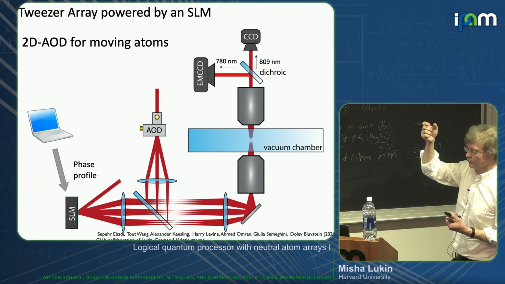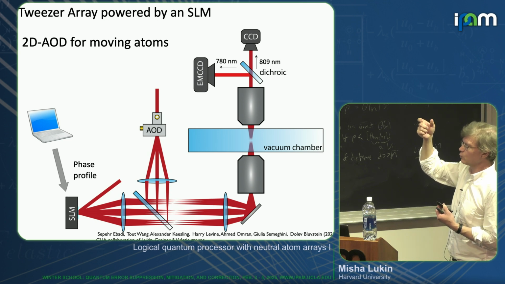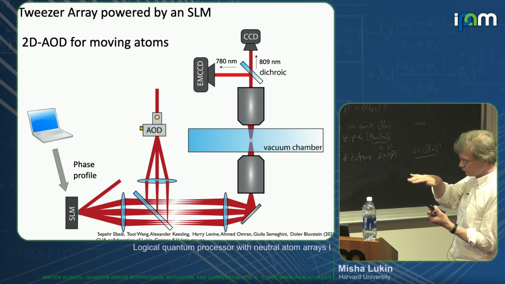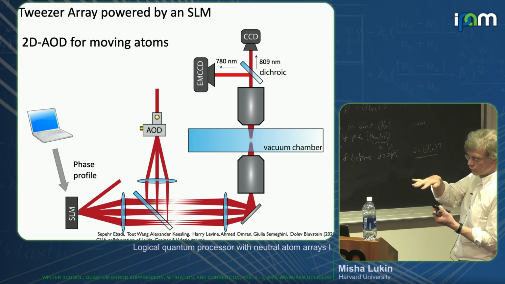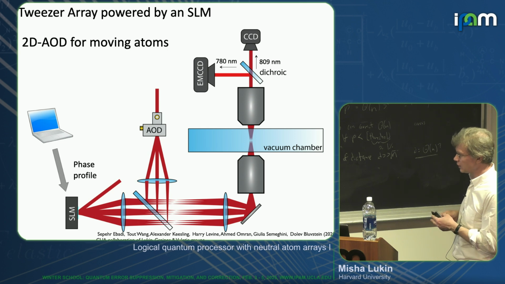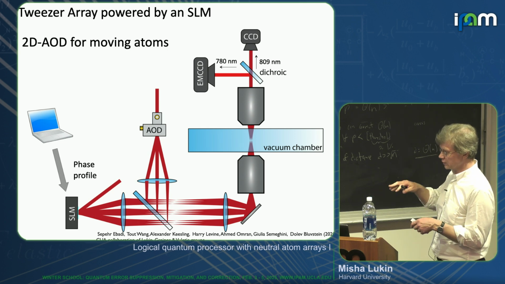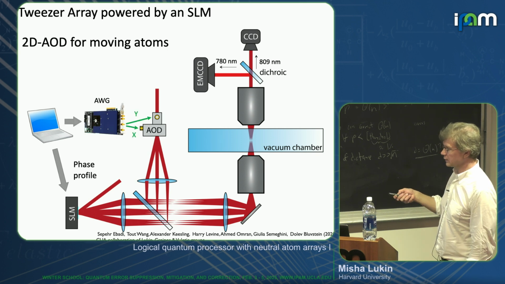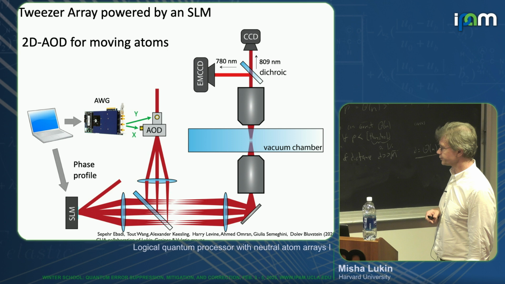They take one laser beam, and the radio frequency waves deflect this laser beam in different directions. And here, by using two of them, you can move rows and columns of atoms independently. And all of that can be, of course, computer controlled.